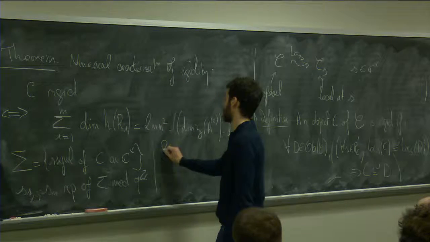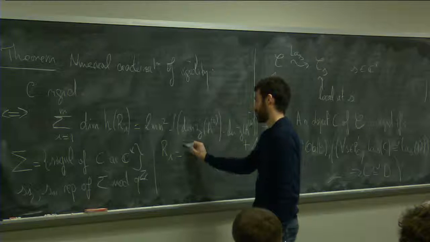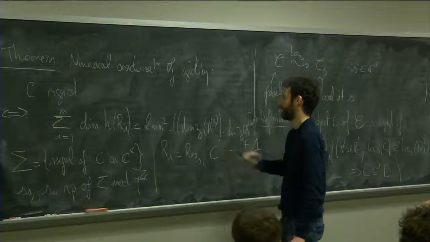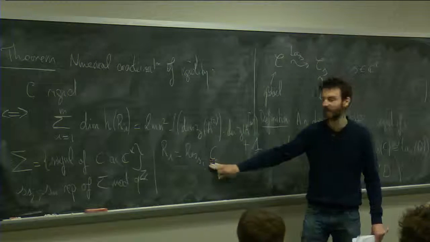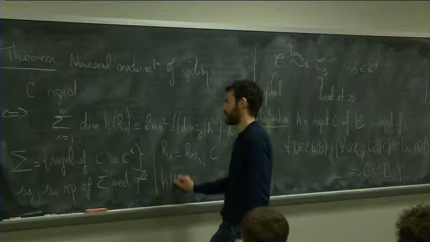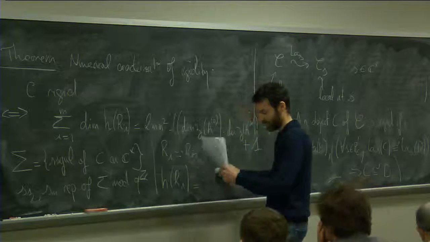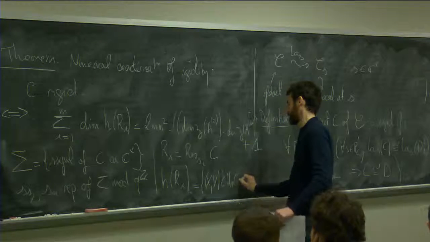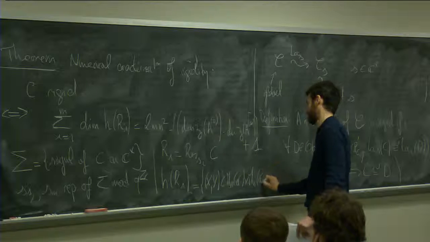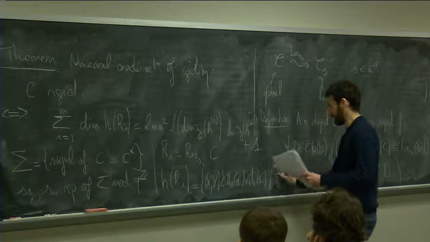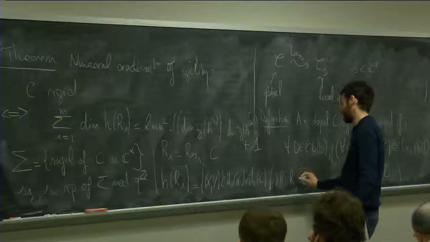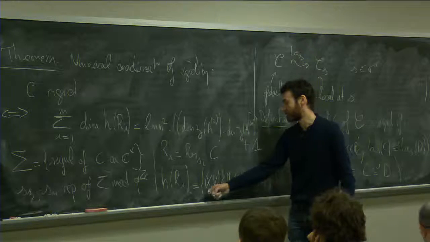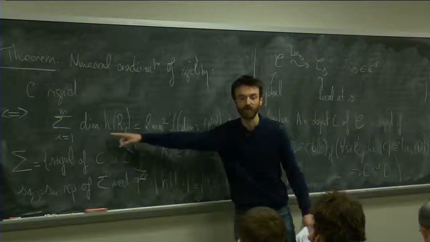And then you consider R_i, which is the residue at S_i of C. You get a matrix with constant coefficients. And then you define H as follows. This is just the set of (X, Y) in Mn of C times Mn of C such that Y R_i is equal to R_i X. So this is a Lie algebra, in particular a vector space, and you can consider its dimension.